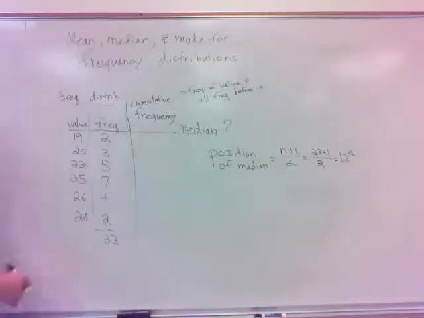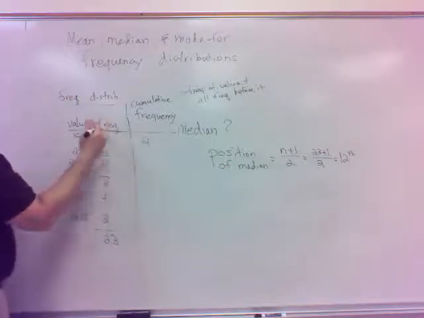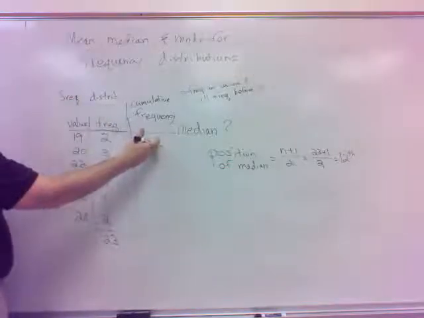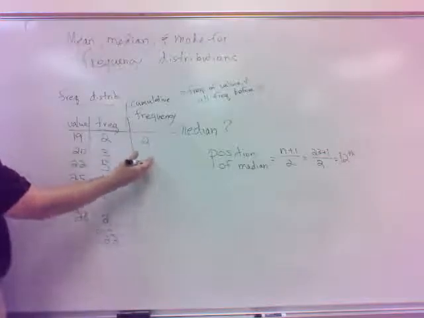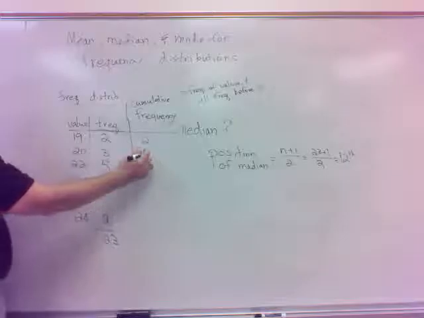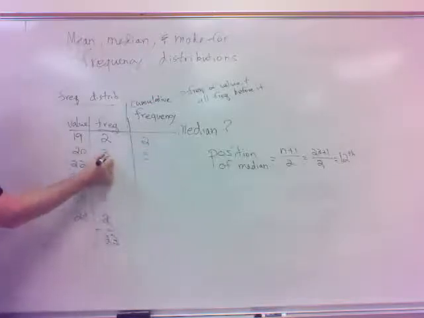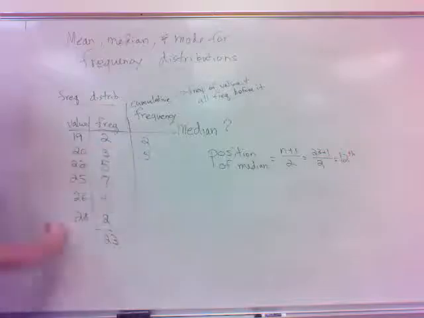For example, the frequency here of 19 being 2, well, there's nothing before it, so the cumulative frequency here is just 2. However, the next cumulative frequency would be 5, because I would just take this frequency plus the one before it, so 3 plus 2, I got 5.